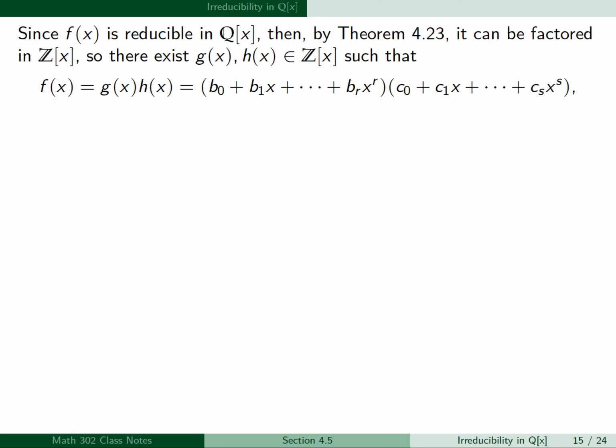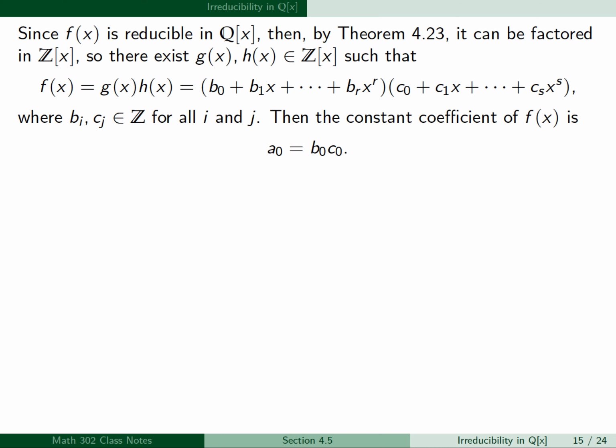So there exist polynomials g of x and h of x in Z bracket x such that f of x is equal to g of x times h of x, and we can write out what g of x and h of x are. G of x will be b0 plus b1x plus up to b sub r x to the r, and h of x will be c sub 0 plus c1x plus up to c sub s x to the s, where our coefficients b sub i and c sub j are integers for all i and j.